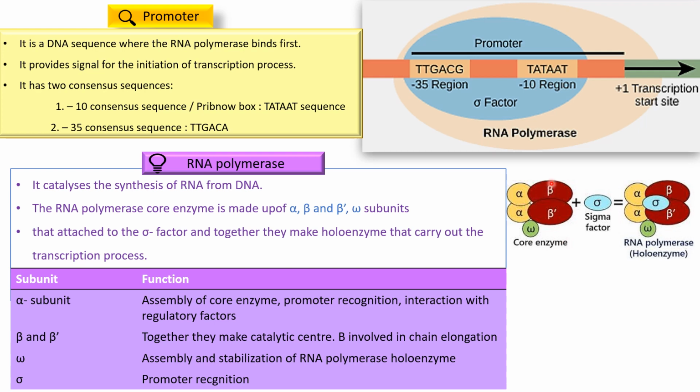Whereas beta and beta dash together make the catalytic core center, and the beta subunit is also involved in the chain elongation process, while the omega subunit facilitates the assembly of the RNA polymerase holoenzyme. It also stabilizes the assembled holoenzyme. And as I told you earlier, the sigma factor helps in promoter recognition. So the core enzyme and sigma factor together make the RNA polymerase holoenzyme. It is the largest bacterial enzyme.